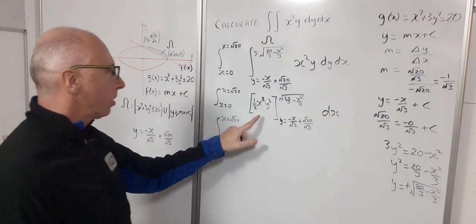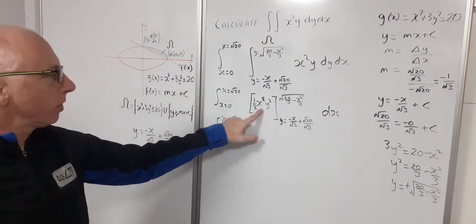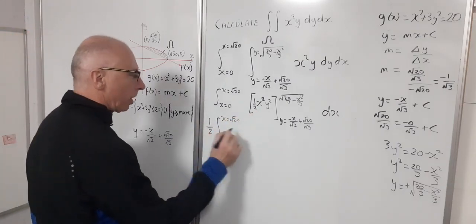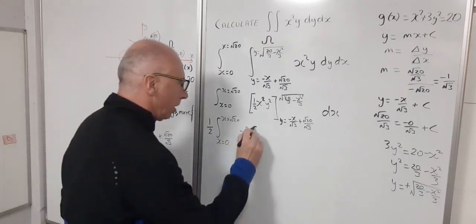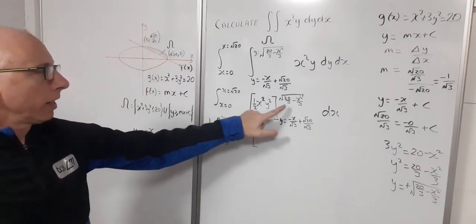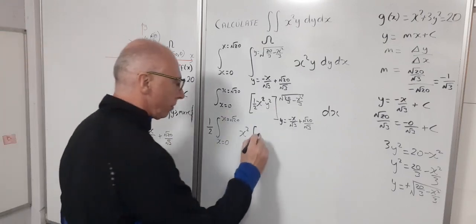Now let's calculate this one. A half is a multiple, and so is the x squared in terms of this question here. So I'll bring the half out to the front, and I've got to leave the x squared obviously inside. So now let's calculate our upper and lower bound. Well, we've got y squared. So what happens when we square this? Well, we just lose the radical. So that's pretty straightforward.